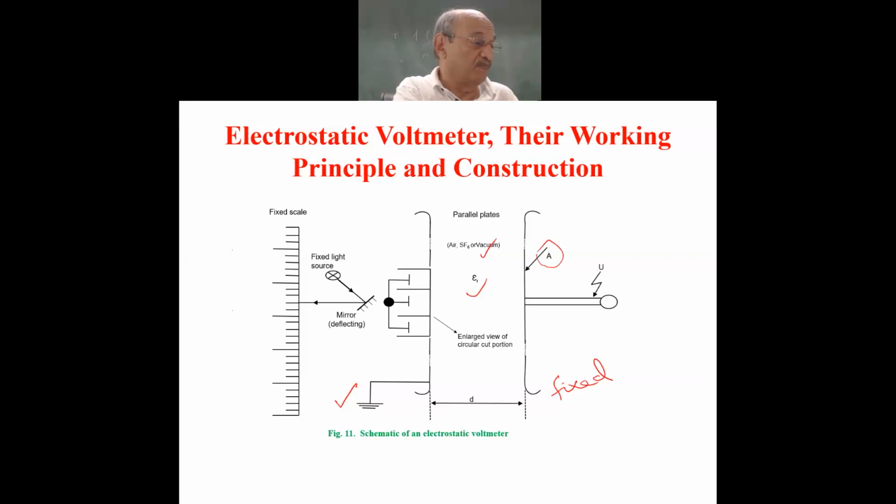It was mentioned in some of the slides. Anyway, doesn't matter. As you see it here, from this position to this position, an annular cut has been made, and this is a proportionately enlarged view of the circular or annular cut portion.